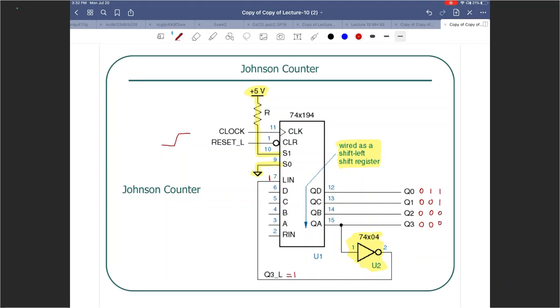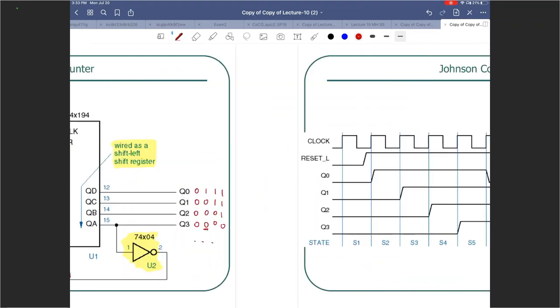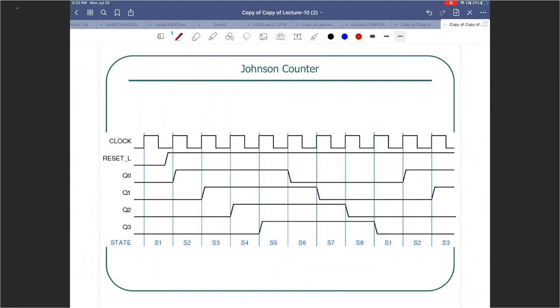Because again, the last 0 will be fed back. The inverted version will be fed back. And then you have 1, 1, 1, 0. So you will first have a bunch of 1s fill in, and then you will have a bunch of zeros that will start filling in. So in this case, you will have S1 all the way to S8, 8 different states.